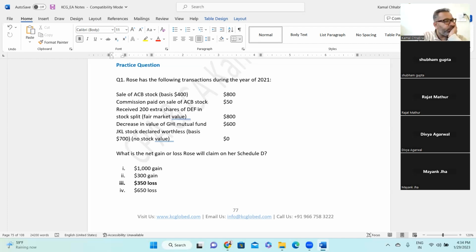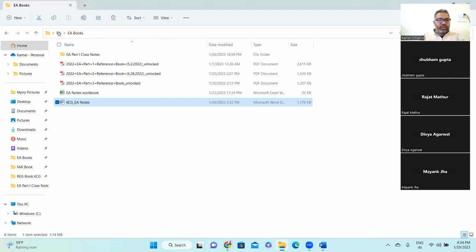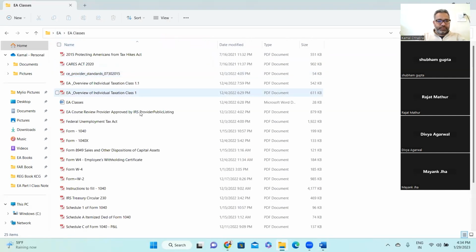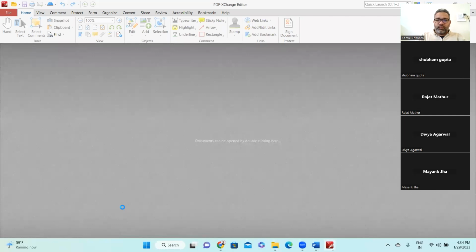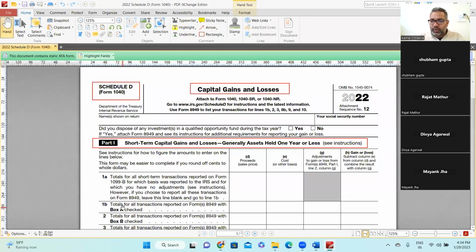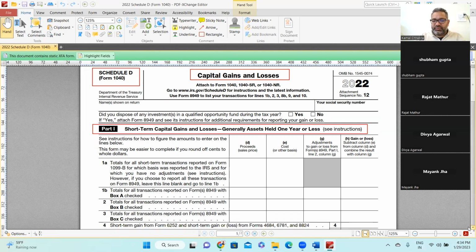What is Schedule D? Capital gain or loss, right? Yes, sir. Have you guys seen all these forms? I think I've shared with you. Schedule D. Have you guys gone through this form by any chance? Divya, Mayank, Vivek? You guys have this form, right? Yes, no? Yes, sir.